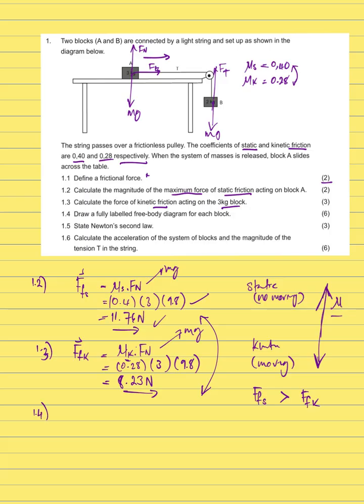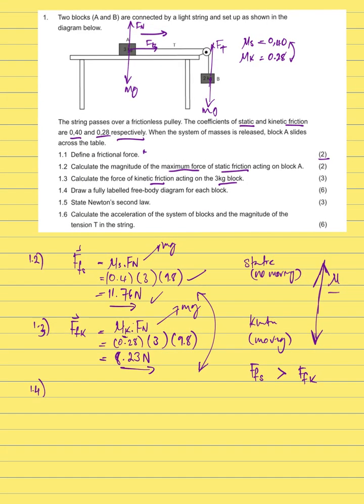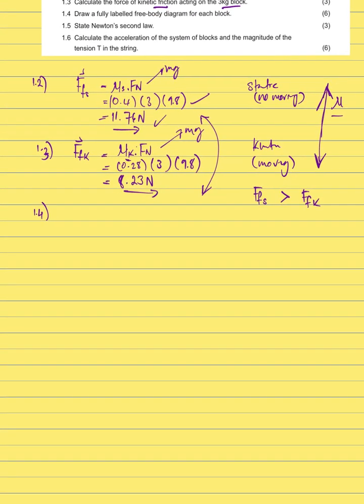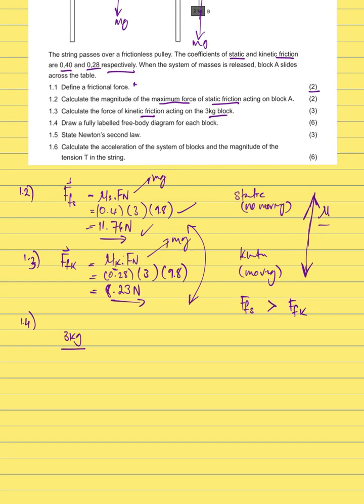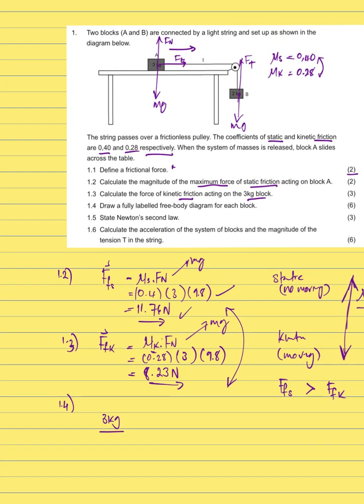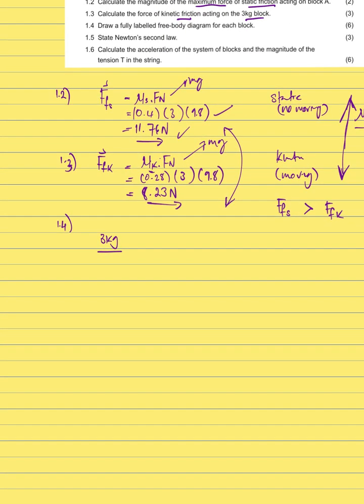Right, number 1.4. It says draw a fully labeled diagram for each block. Right, so we already did a little bit of a situation here, so let's just sort it out. If I'm looking at the 3 kilogram block, it's on the surface, it's being pulled by tension, and now we know that this surface has friction, so I'm going to have a force that goes in the opposite direction there. So I've got my little dot here.